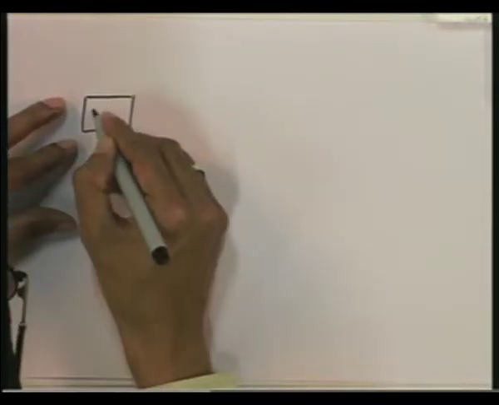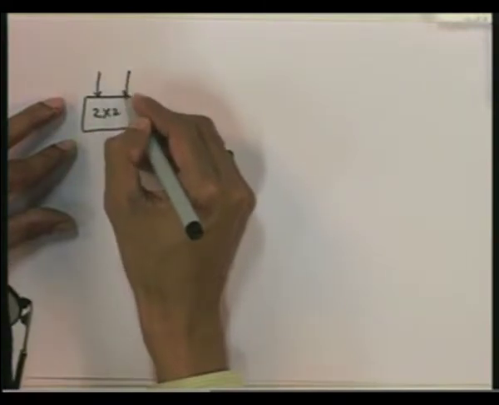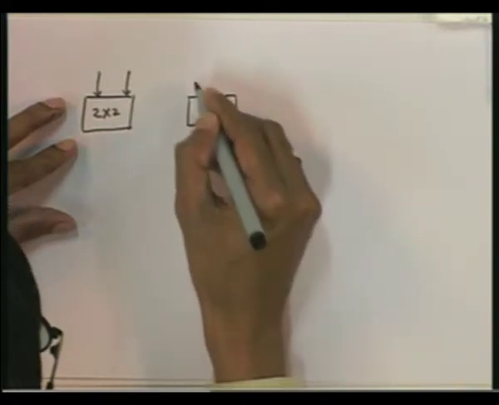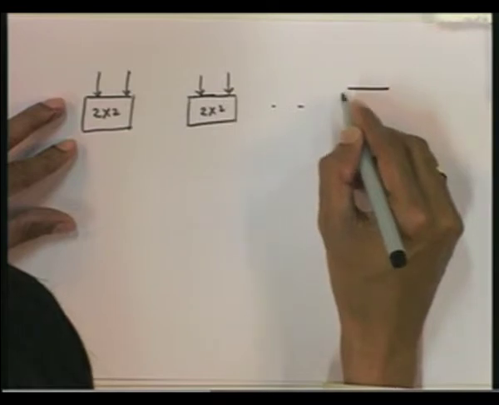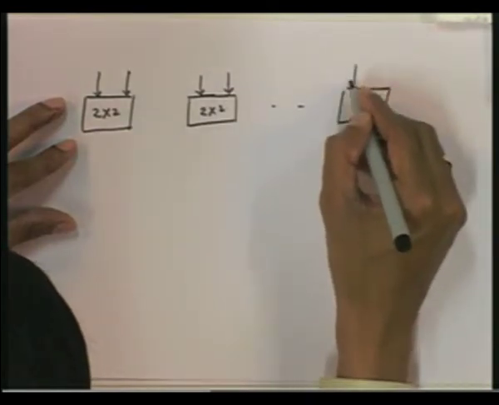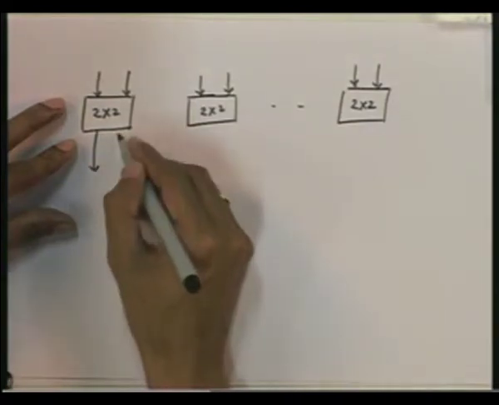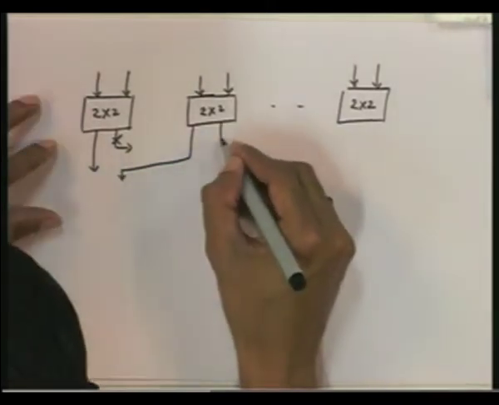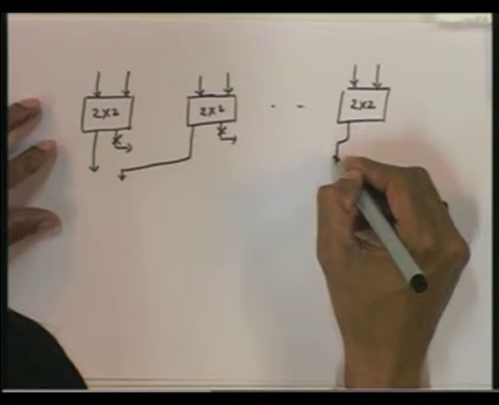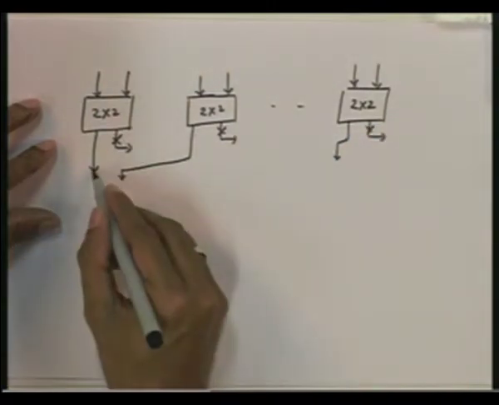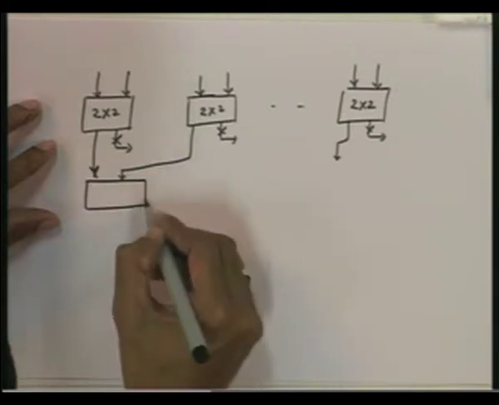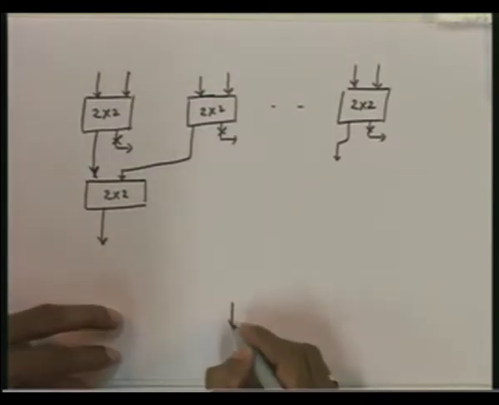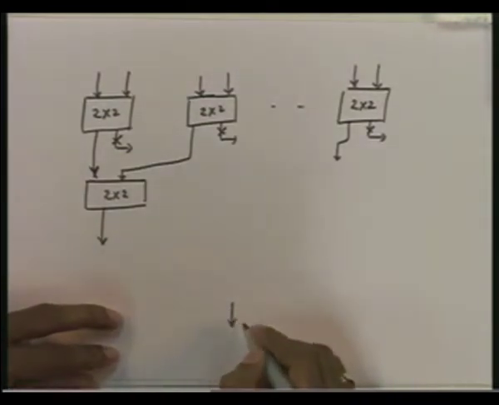You have 2 by 2, and here is a winner, and this is definitely the loser. The losers are all discarded, and the winners are paired up again in a 2 by 2, and again you have a winner and so on. Finally, only one winner will be left, and that will be chosen.